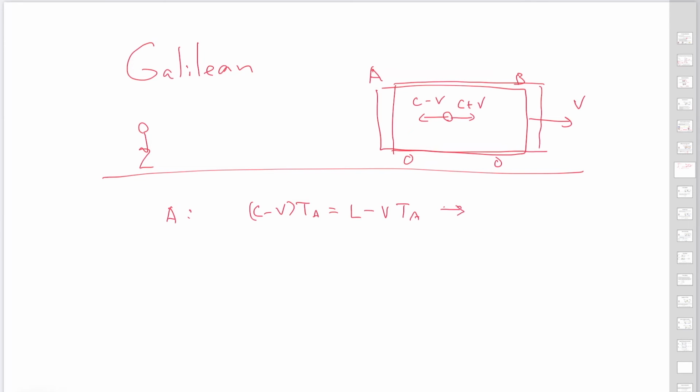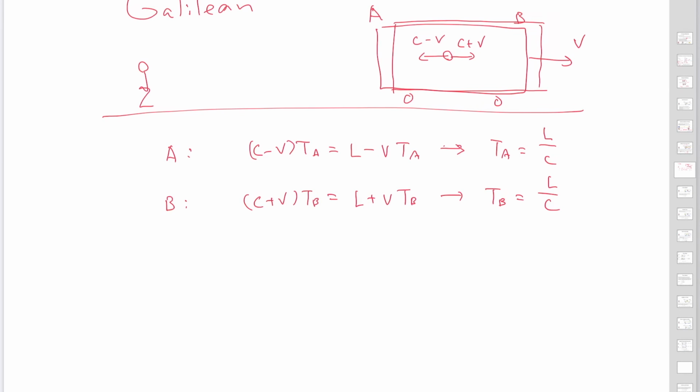Then this becomes T sub A equals L over c. For wall B, (c plus v) T sub B equals L plus v T sub B. So T sub B is also L over c.